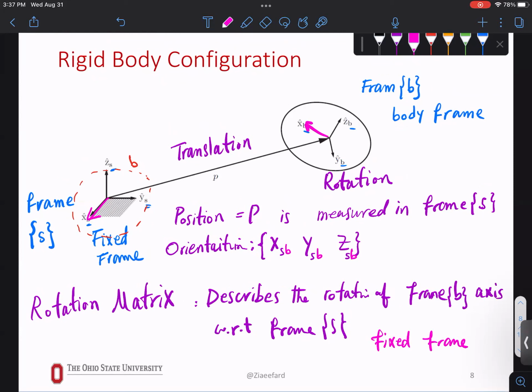So translation is usually along XYZ, and rotation is about those axes.